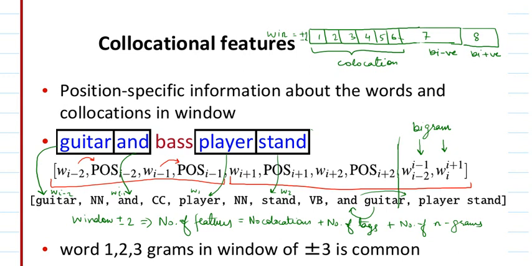So for window size plus minus 2 I can have up to 2 grams. For window size plus minus 3 I can have bigrams and trigrams also. So the feature vector in window size equal to plus minus 3 is something like this.